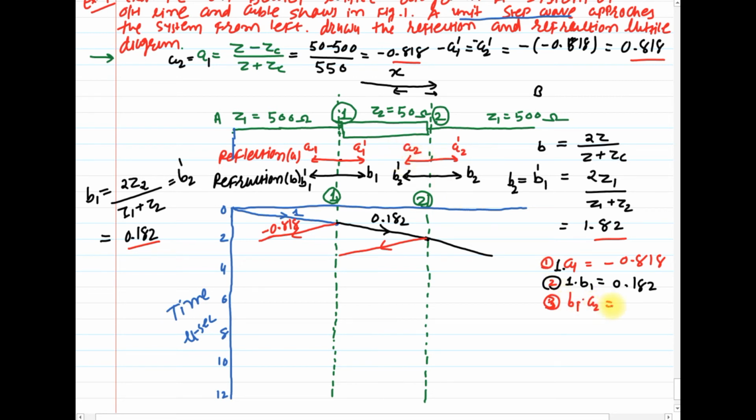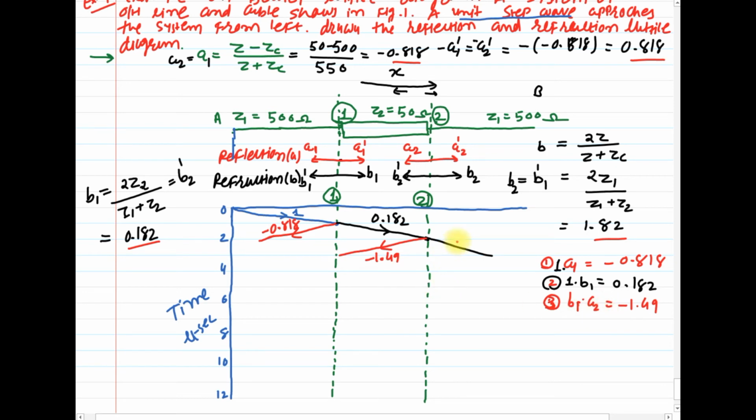So b1 into a2 is equal to minus 0.149. Clear?